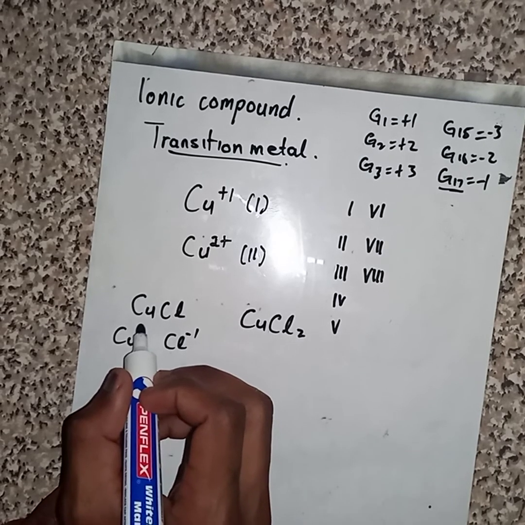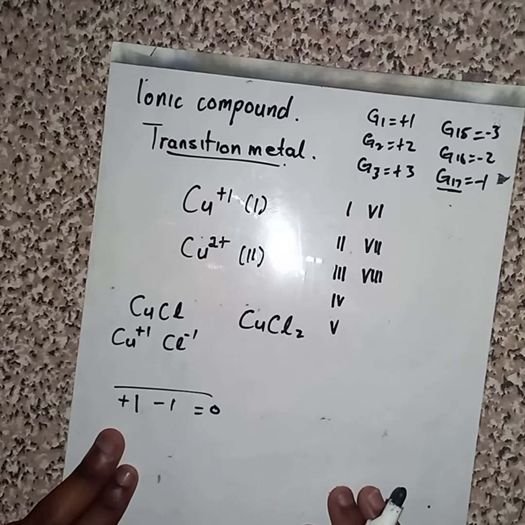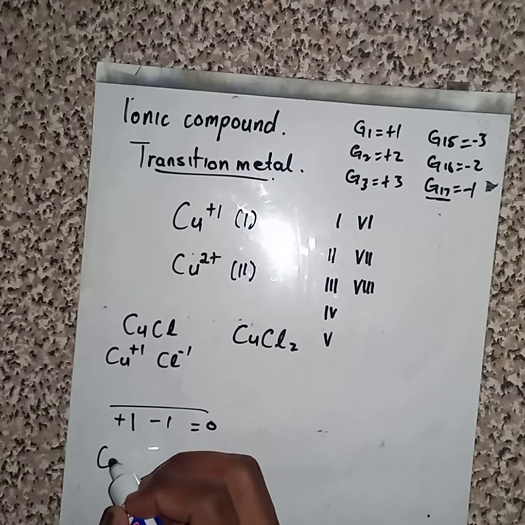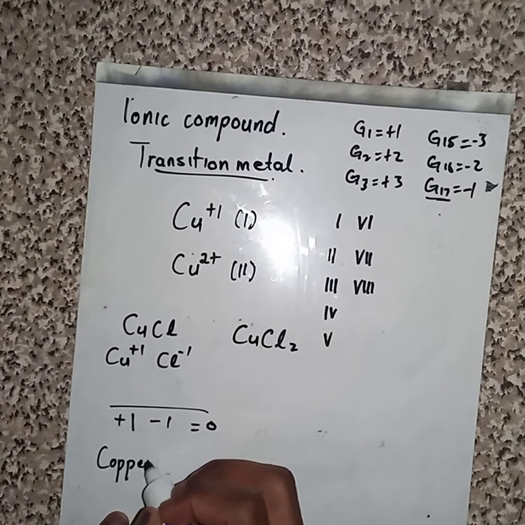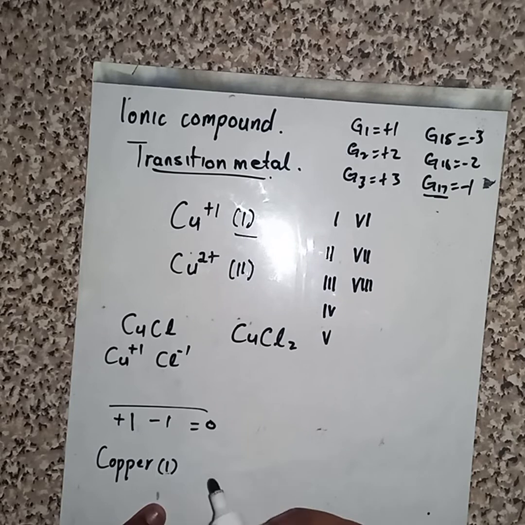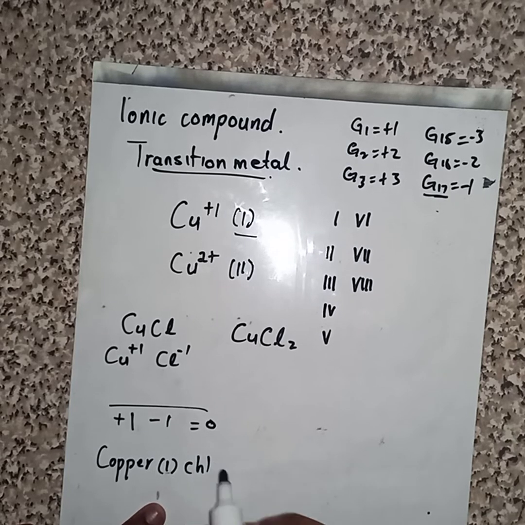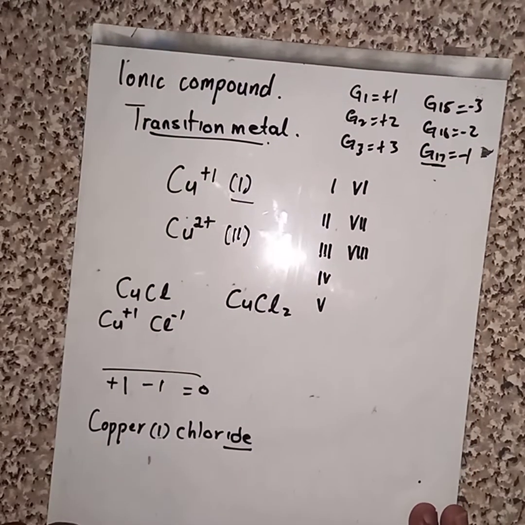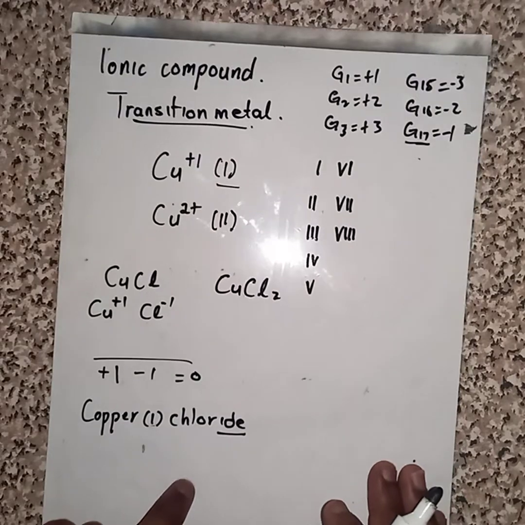Then my copper is going to have +1. Then when naming, we say copper, we include the Roman numeral I, then we write chlor, and then you add IDE. Don't forget to add IDE at the end.